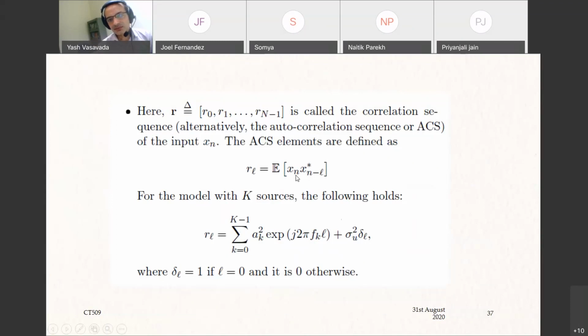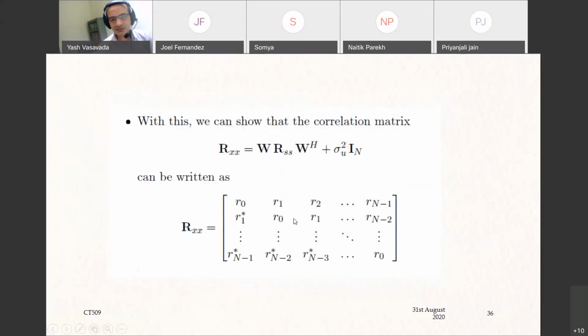For example, when l is 0, if I do x of n times x conjugate of n and take expectation of that, that answer is not dependent on what sample index I am considering. The answer is going to be identical, and that answer is this R0, and that is forming the diagonal of this matrix Rxx.